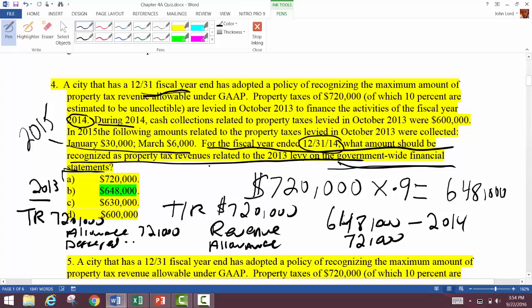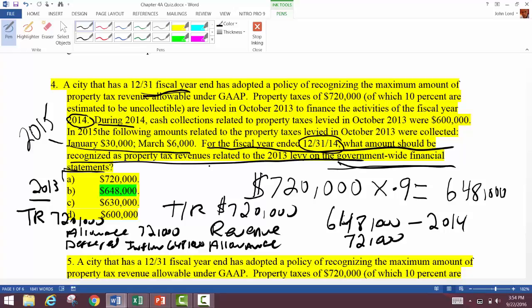We can call it deferred inflow because what? We don't have to ask ourselves about eligibility for property taxes, but we haven't met the time requirement because we're still in 2013, aren't we? Right? Since we're still sitting here in 2013, we go ahead and credit the deferred inflow for those amounts that we're not going to collect.